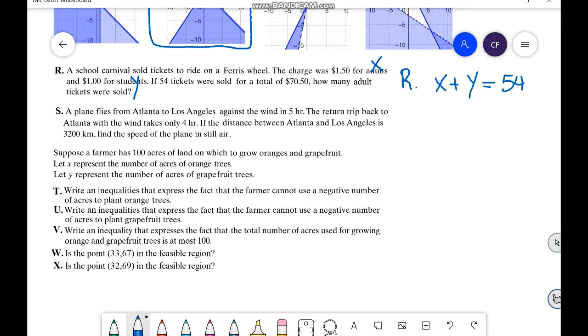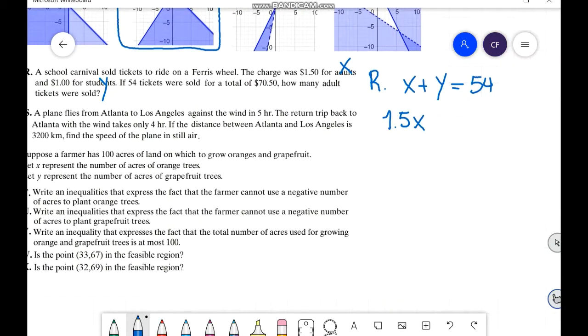And $1.50 is the price of the adult tickets, and $1 is the price of the student ticket, y. The total amount they collected, $70.50.